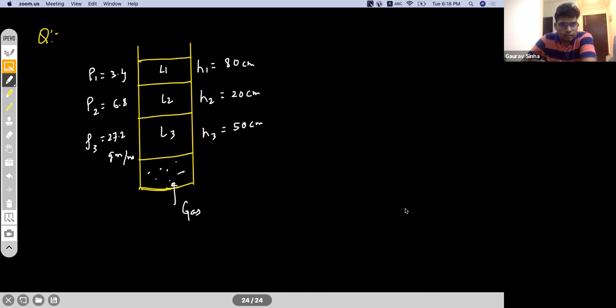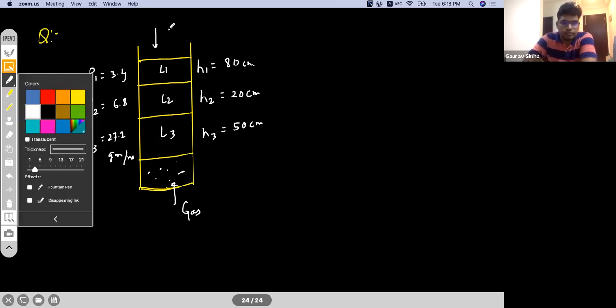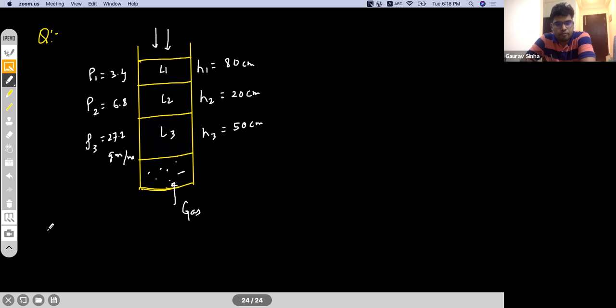Yeah, Archit, that's correct. Yeah, this end is open. This is open end. Right, Archit, correct. No, that's not right. 461 is wrong. 156 is wrong. 226 is wrong.